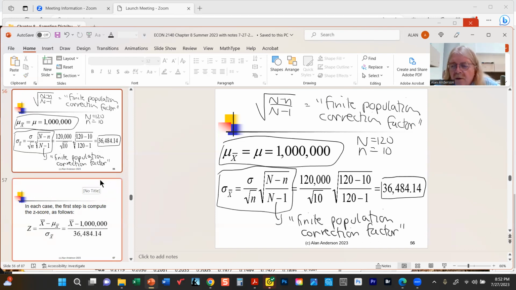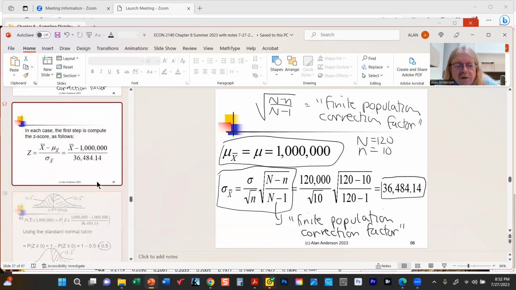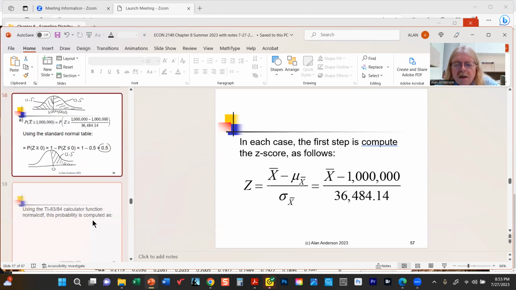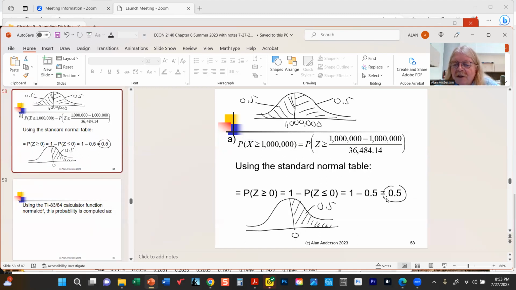Now we're going to go ahead and do our normal calculations. We're going to either use our transformation formula to convert these into z-scores and then use the tables the normal way, or else we'll use our calculators. So for this one, like I said, it should come as no surprise to you that because 1 million is the mean of this distribution, this probability of being greater than or equal to the mean is just a half.